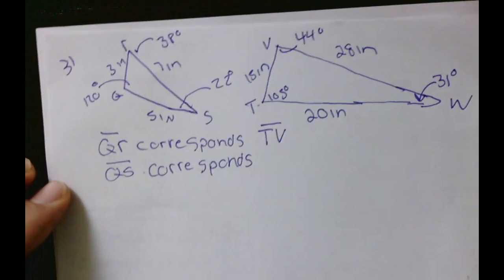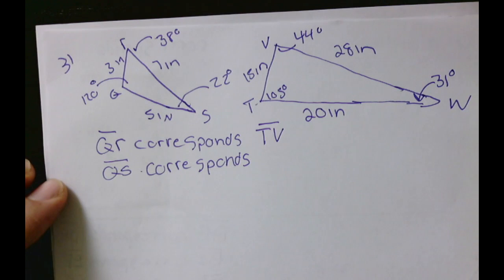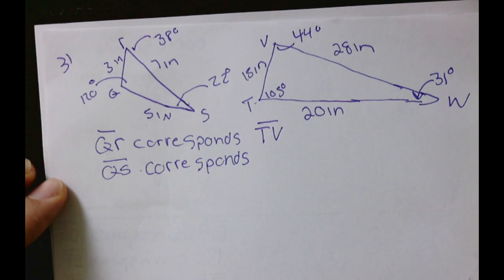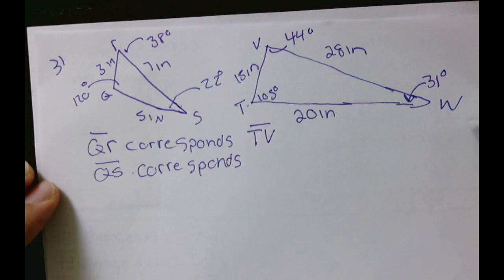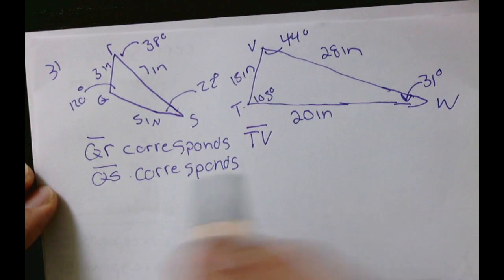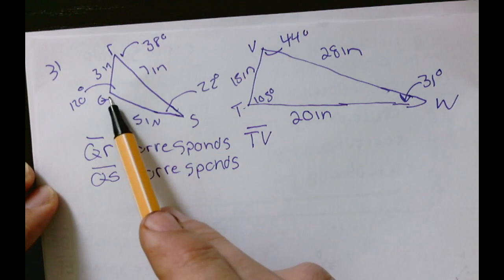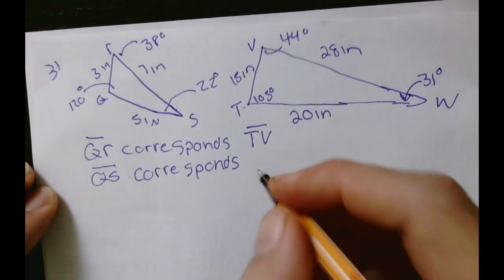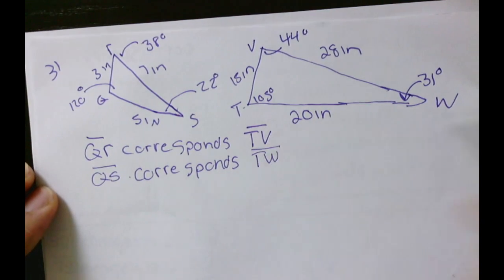Feel free to pause the video if you've got time to work on this ahead of me. So I added the letter W. Let's continue. We've got QS here and TW here.